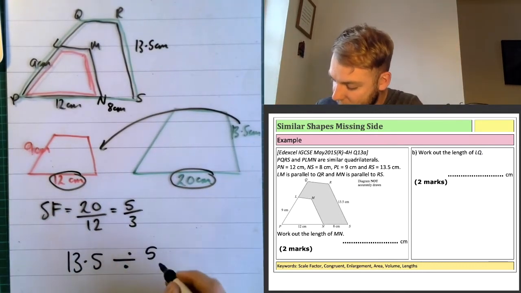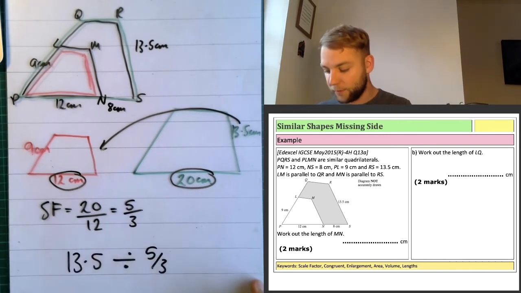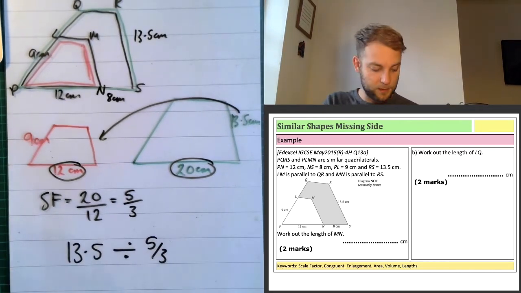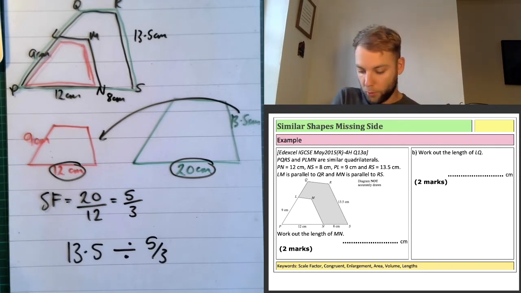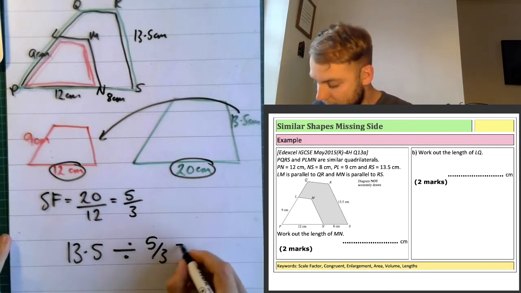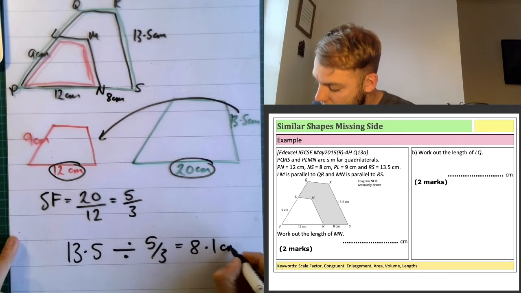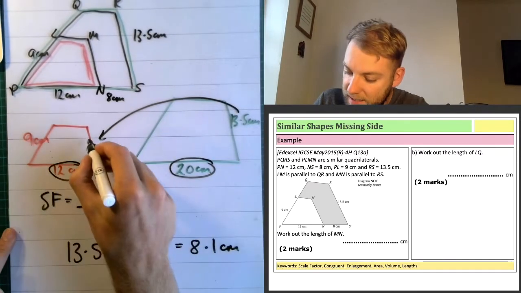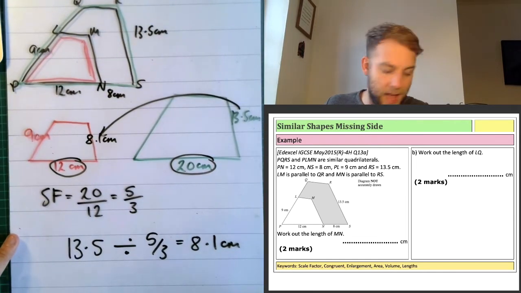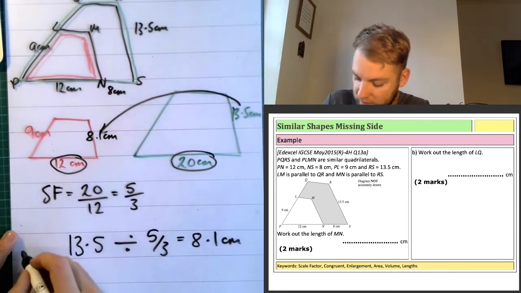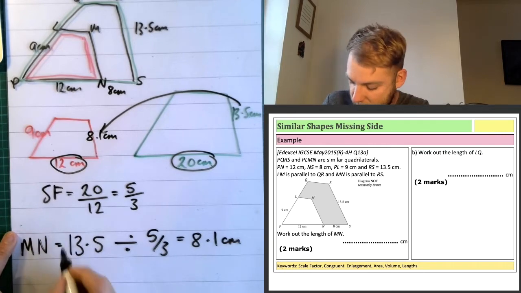I'm dividing by the scale factor. So divided by 5/3. So 13.5 divided by 5/3, which in this case is 8.1, which makes sense because it's smaller. Okay. It's got smaller. So I know that this length here is 8.1. And that's my first thing that I'm trying to find out, isn't it? M to N. So this here is M to N.